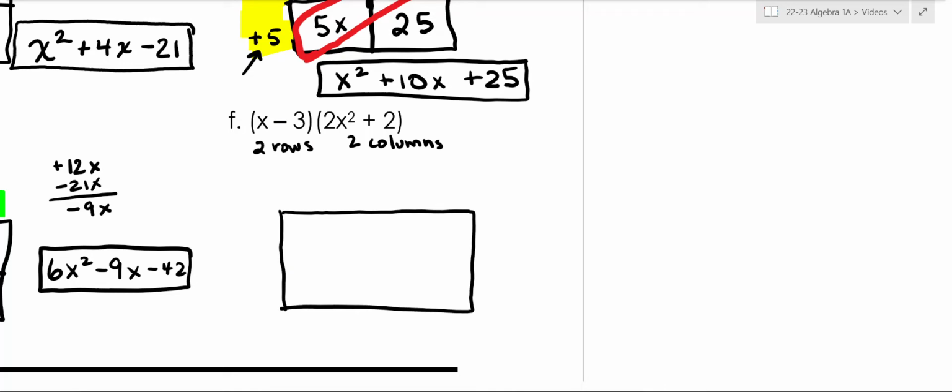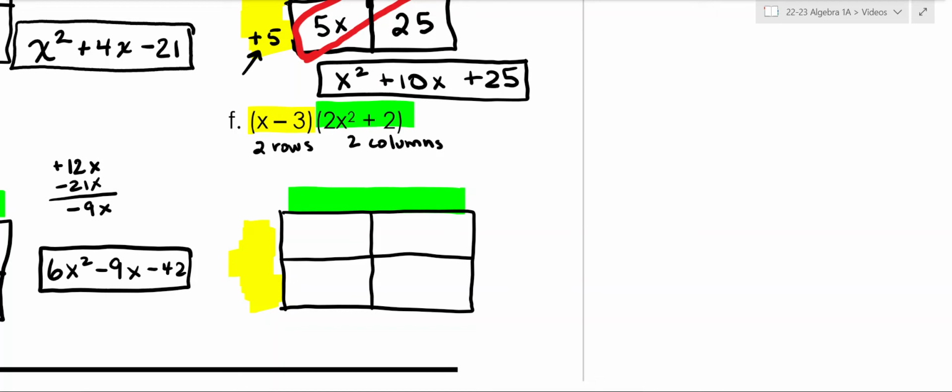Here we go. So the x minus 3 is going to go here, and the 2x squared plus 2 is going to go here. x, negative 3, 2x squared, and then positive 2.